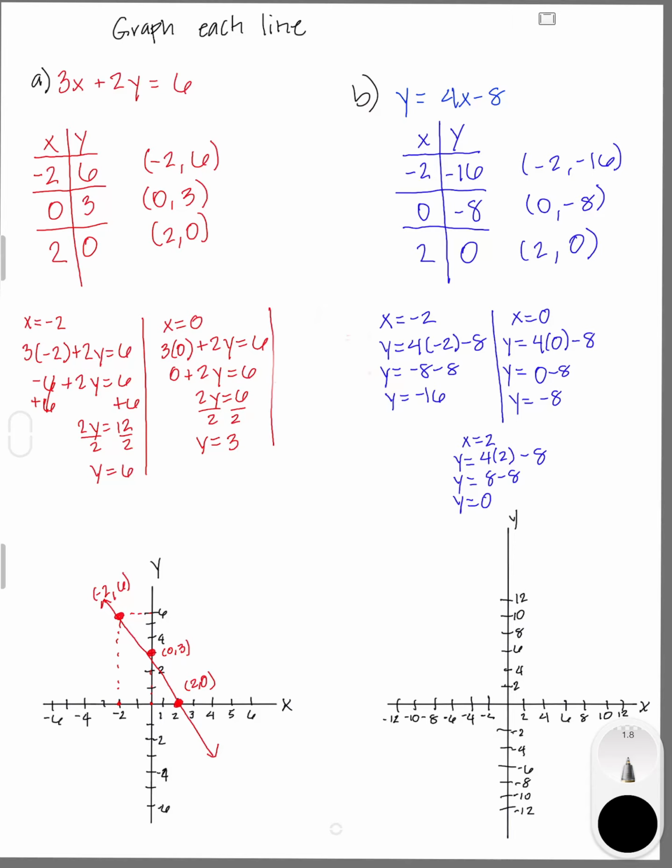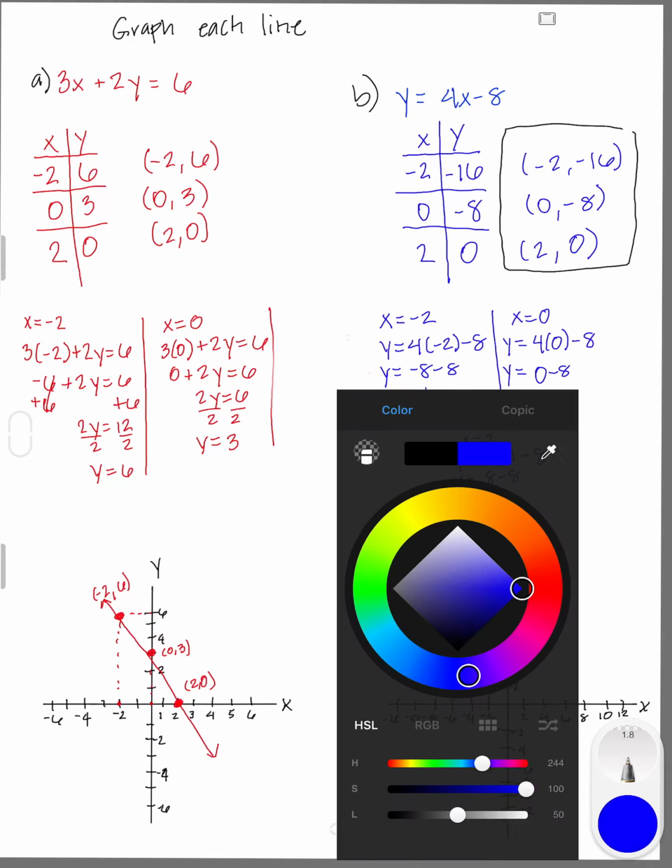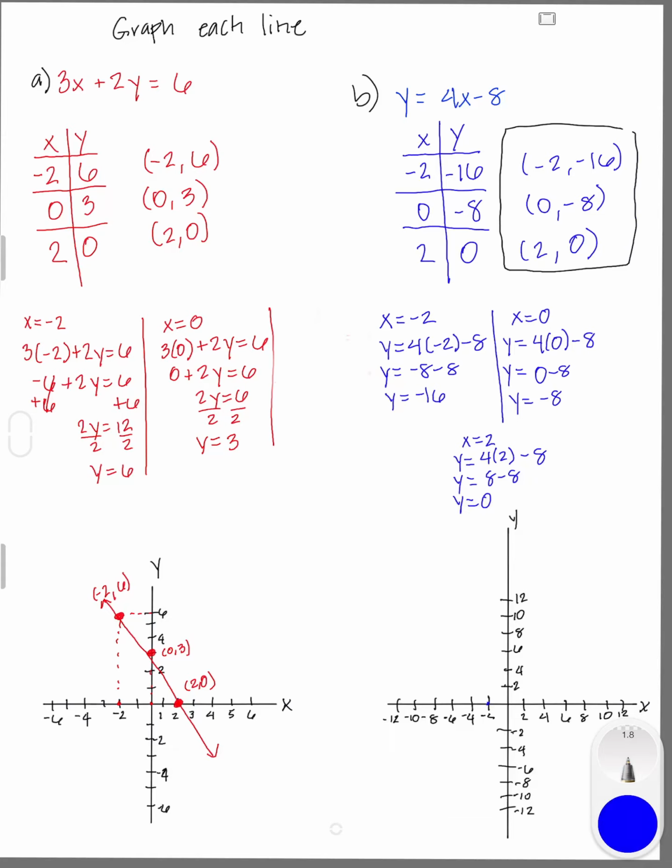So in this case, our points are -2, -16. I'm going to go to -2 on x, and then go down to -16. Notice how I just stopped at -12, so I'm going to add another line for -14 and then -16. So here, this point is -2, -16.